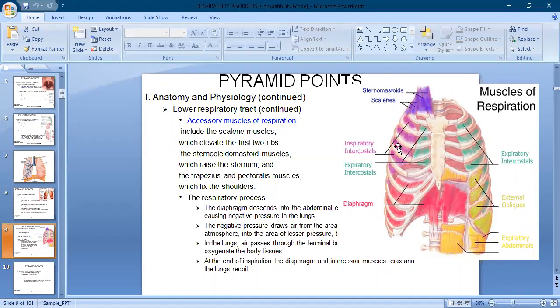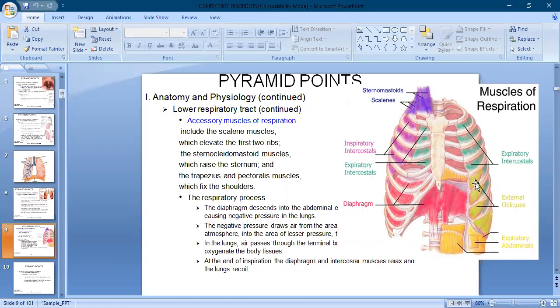This muscle helps during inspiration, and this muscle helps during expiration. The inspiratory and expiratory intercostal muscles are only defined by the direction of their fibers, and their function is a little bit different.